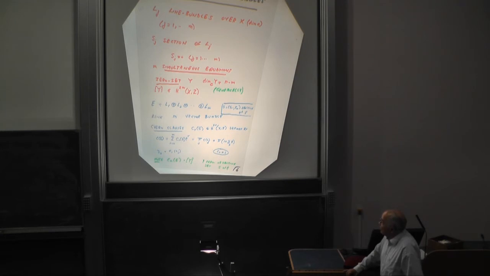And now this is defined for a vector bundle as the product of the Chern polynomial for each factor in that direct sum decomposition. So if you write yj for the first Chern class of Lj, then you get the formula: total Chern class of E is the product of 1 plus yj times t.